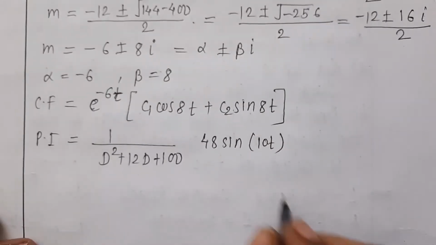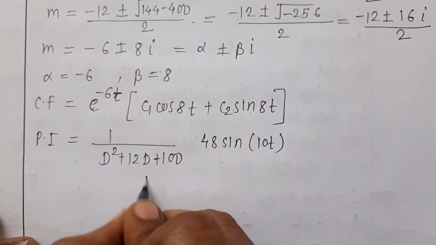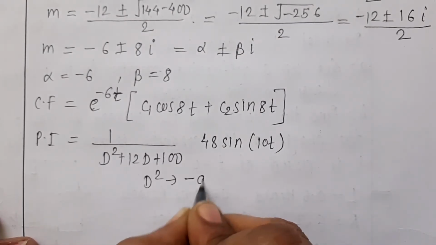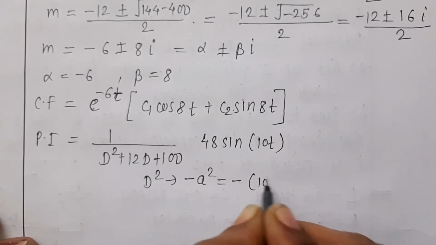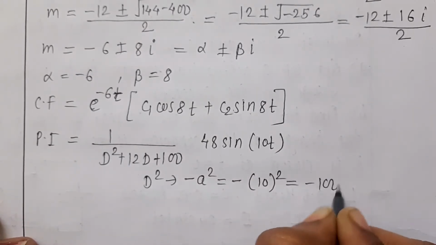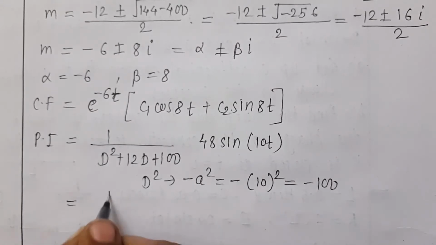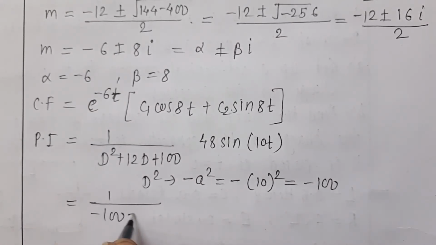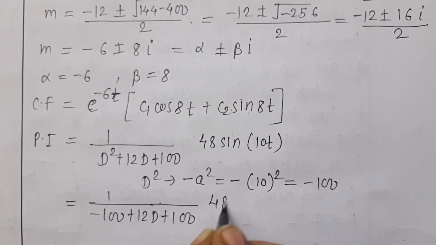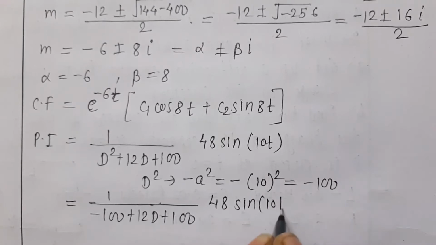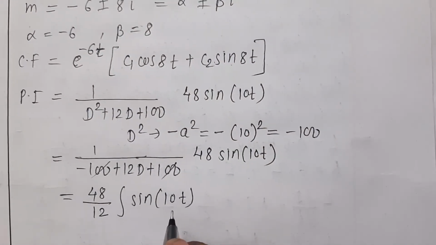Since it is a trigonometric function, replace D square by minus a square, where a is 10, so minus 100. Replace D square by minus 100: it is 1 upon minus 100 plus 12D plus 100 multiplied by 48 sin 10t. So minus 100 plus 100 get cancelled, leaving 48 divided by 12D, and 1 by D is integration.